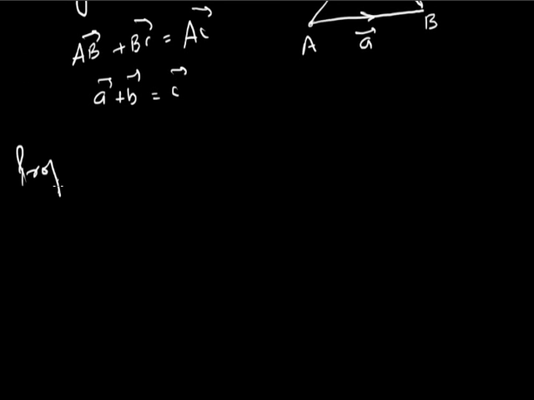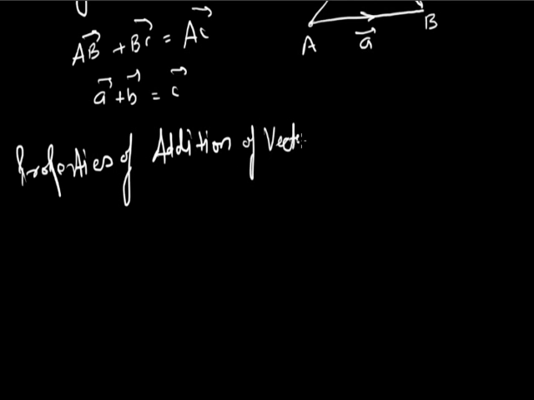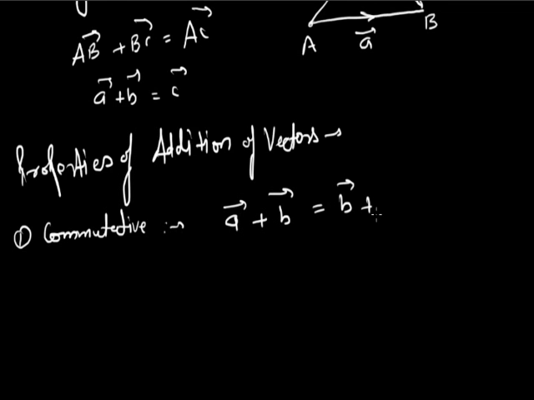Now the properties of addition of vectors. The first one is commutative. Commutative means a vector plus b vector is equal to b vector plus a vector.